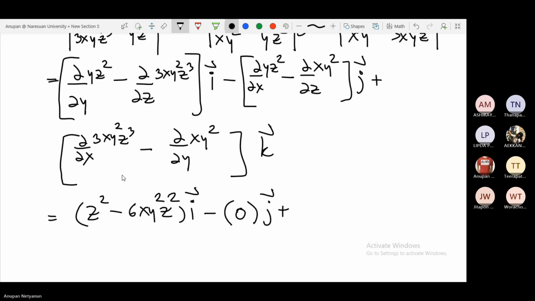Plus, take the derivative with respect to x. So this is gone, right? So it becomes 1. So you have 3y squared z cubed. Take the derivative with respect to y. This is a constant. So you have 2xy.